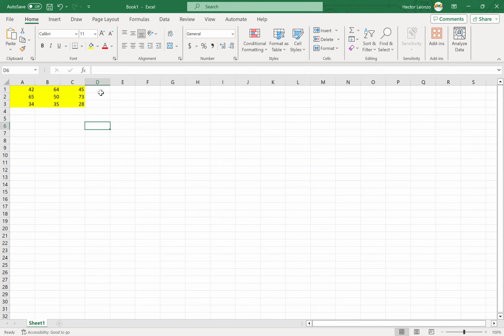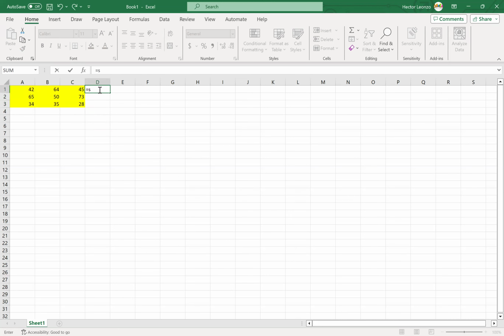Now here on column D, let me click equals. I'm going to do an operation and add my first row. This is what we call a row. A row goes sideways. So you see I have row 1, row 2, row 3. These are rows. So I'm going to add all of row 1.